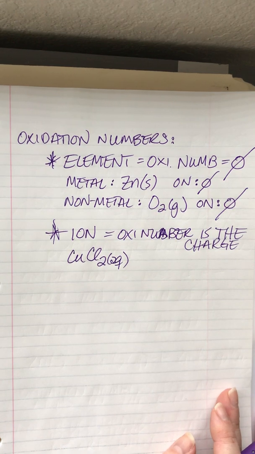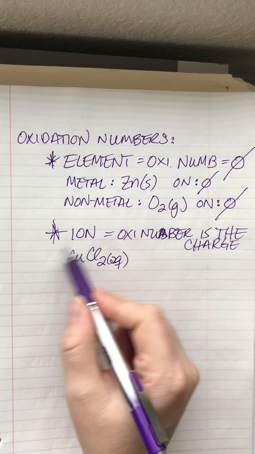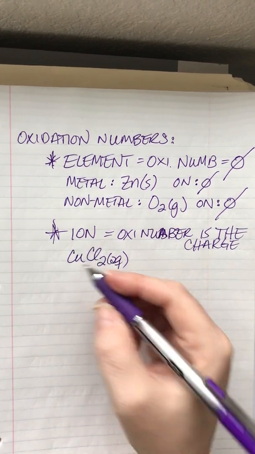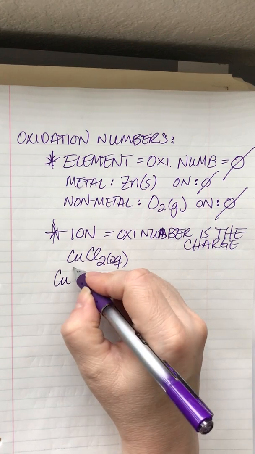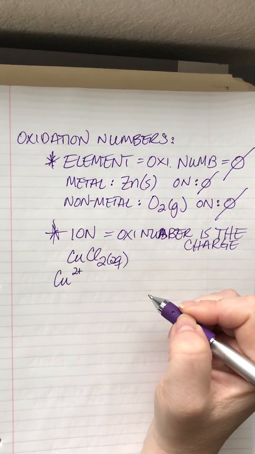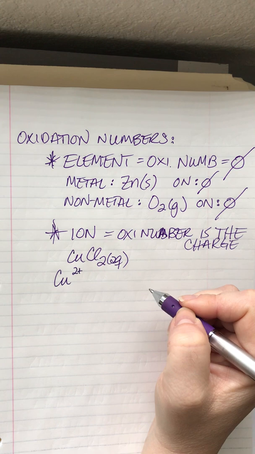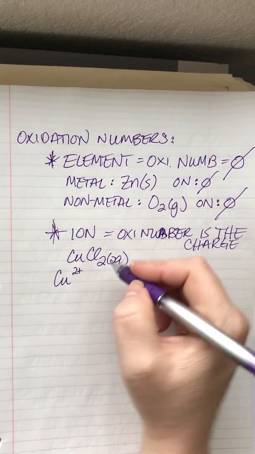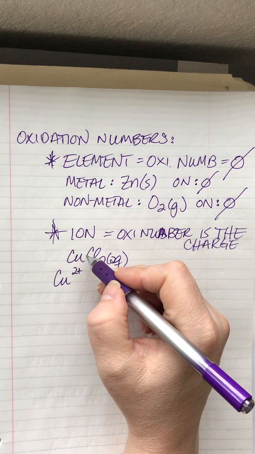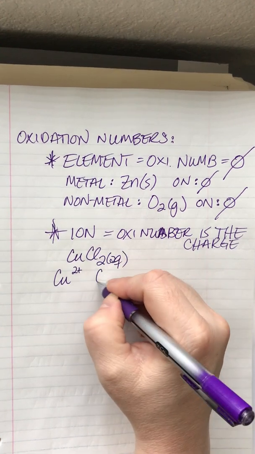Cool. So if I break these guys apart, I know that copper is going to have a 2+. How do I know that? There's chloride hooked up with it, right?